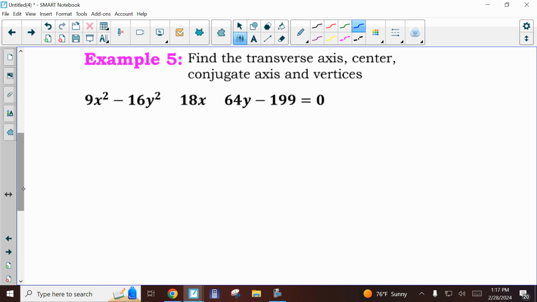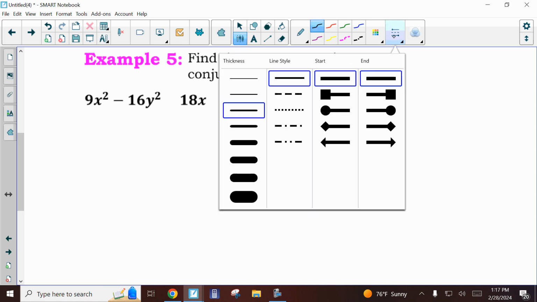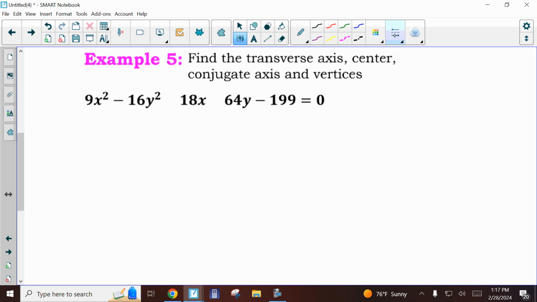So here it is. Step 1, organizing. Now, when you guys organize it, always put the positive squared first. So that means that x squared has to go first. So I want all of my x's together. I don't know where my symbols went. Do you guys have symbols on your paper? Yeah. Plus, another plus.